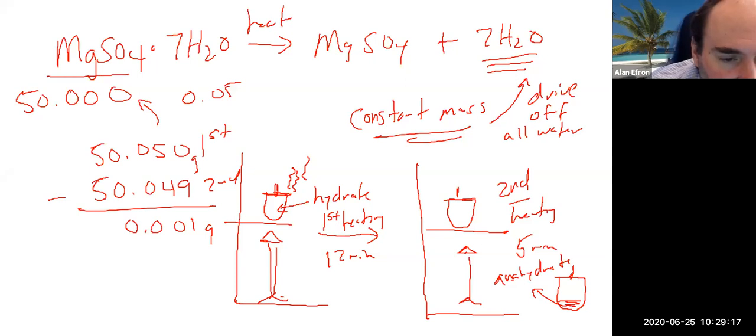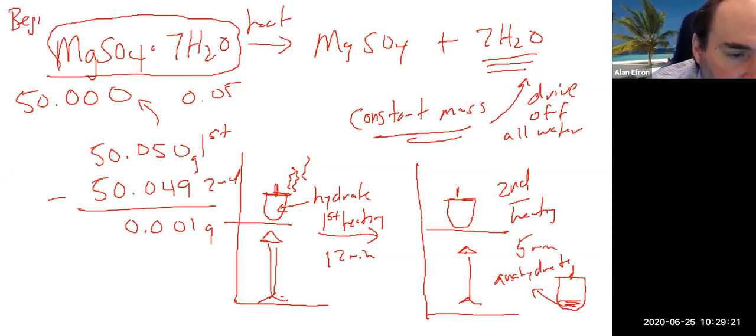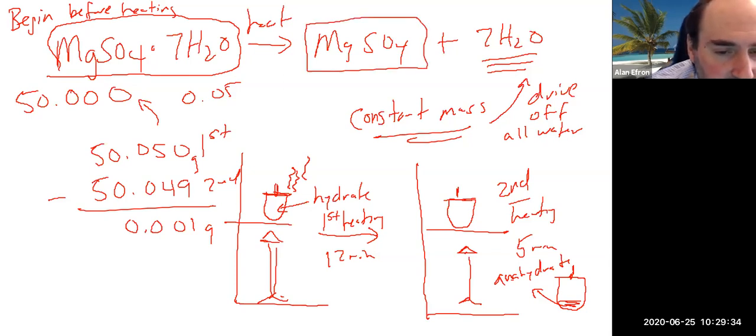So this is what was in the crucible at the beginning before you started to heat. And as you start heating the first heating, the second heating, once you hit constant mass, this is what's in the crucible.